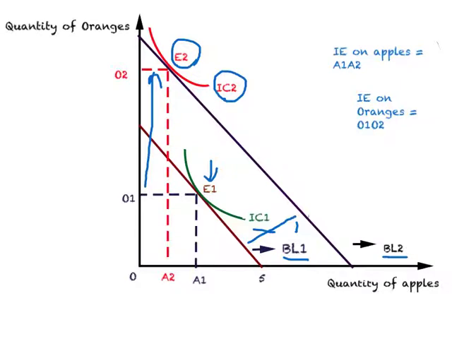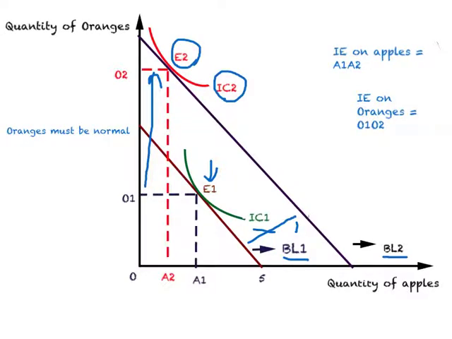And so when there's an increase in real income and consumption of oranges increases, oranges must be normal or must be considered a normal good. And let me just move this right up here. Oranges are normal, must be normal good.